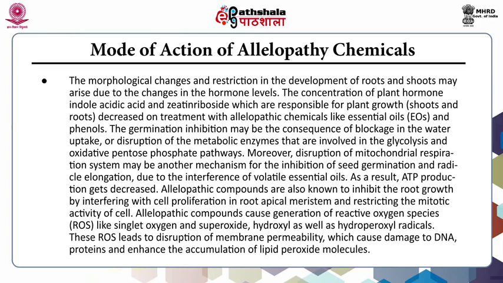These reactive oxygen species lead to the disruption of membrane permeability, which can cause damage to DNA, proteins, lipids and enhance the accumulation of lipid peroxide molecules. The accumulation of lipid peroxide molecules is detected by the MDA, that is malondialdehyde, content method.